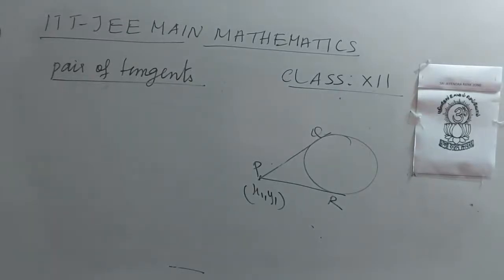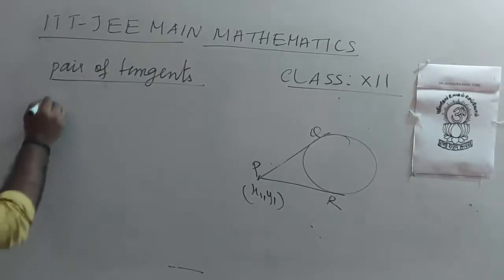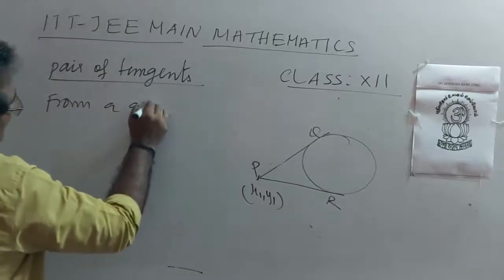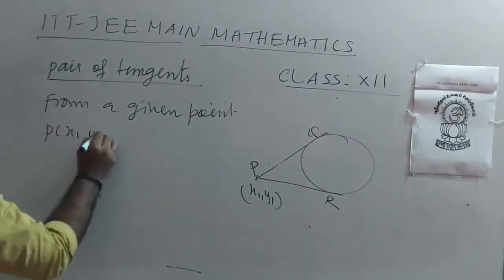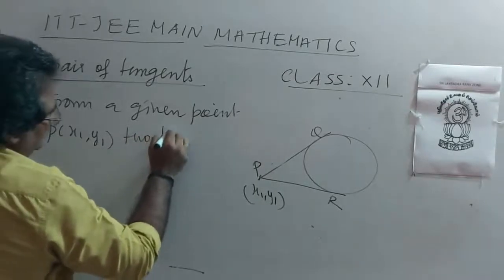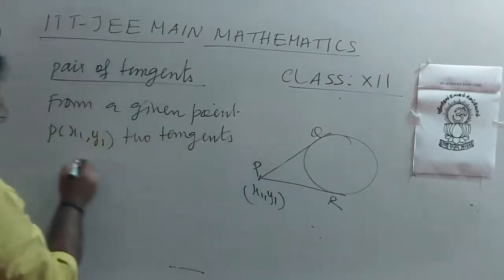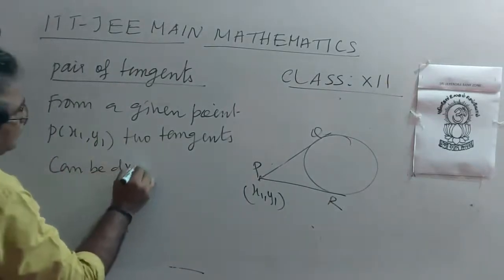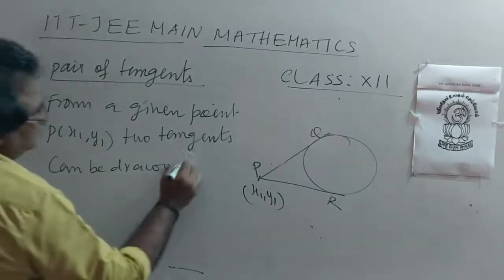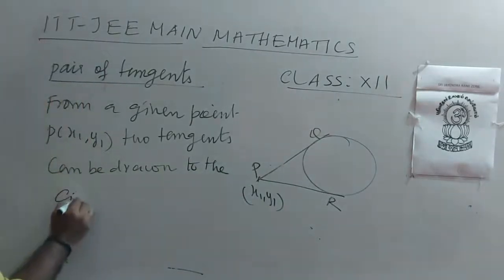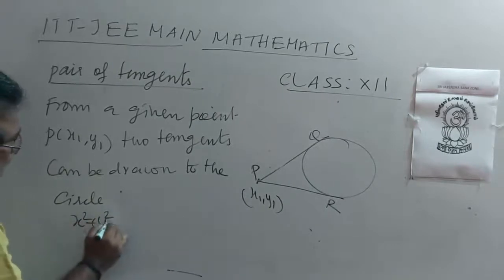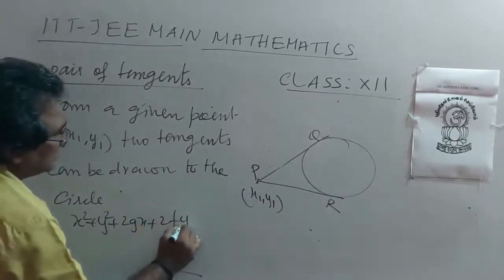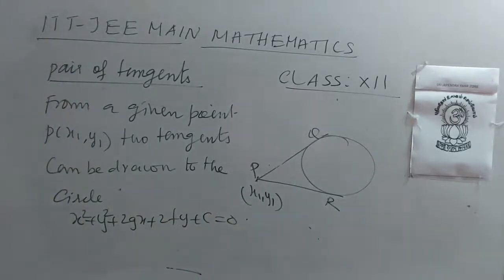Next concept, pair of tangents. From a given point P of x1 comma y1, two tangents can be drawn to the circle x square plus y squared plus 2gx plus 2fy plus c equal to 0.